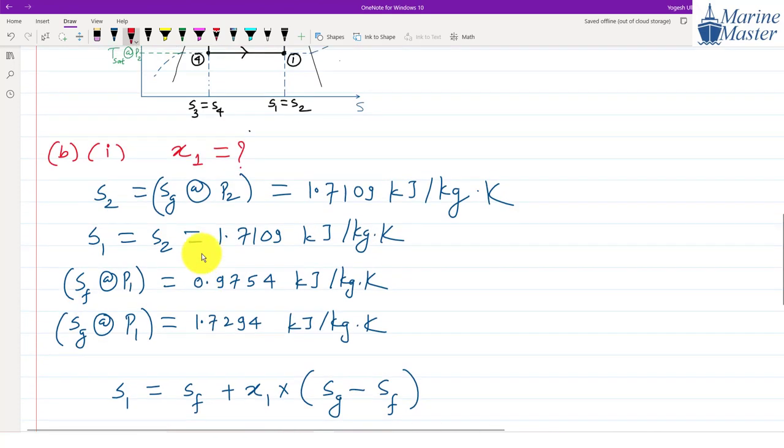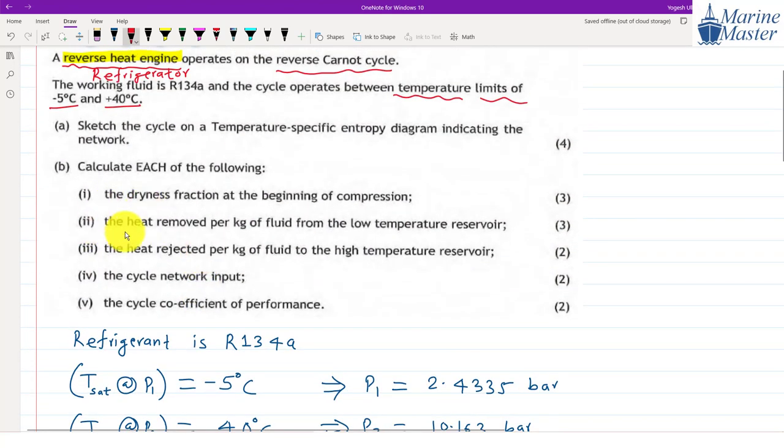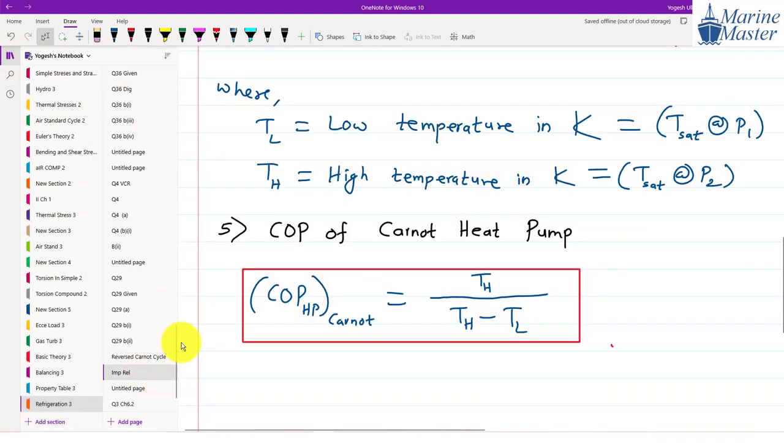Now we are going to see the B second part, guys. What are they asking us in the B second part? Heat removed per kg from the low temperature reservoir, guys. Heat removed per kg from where? From the low temperature reservoir, and that is nothing but our Q addition, guys. See the important relation.